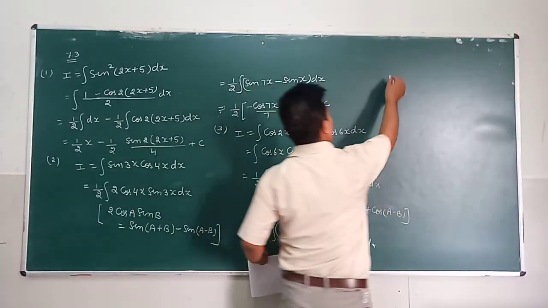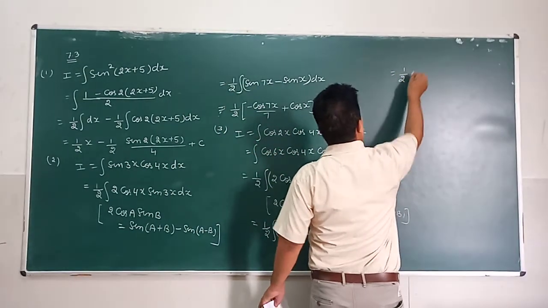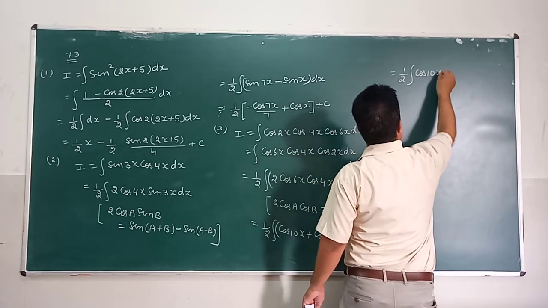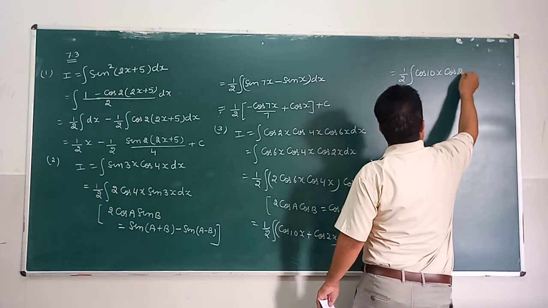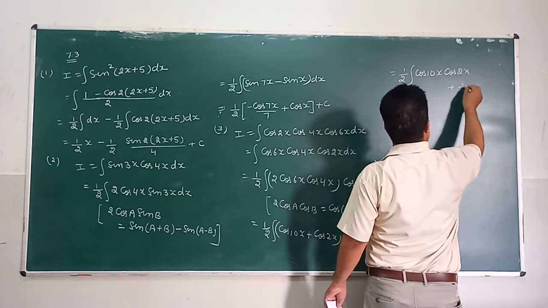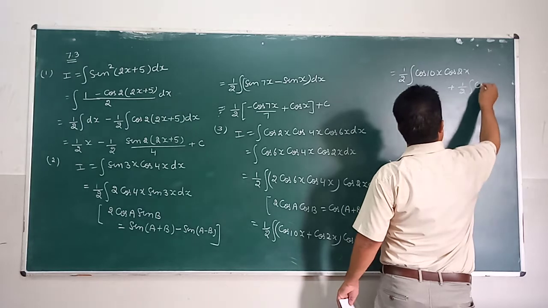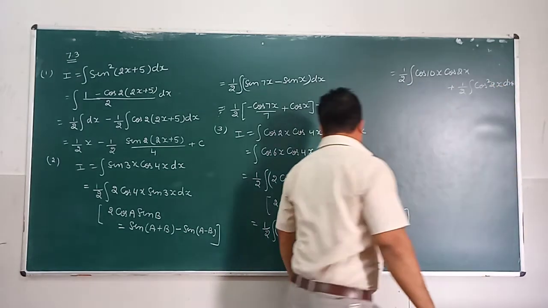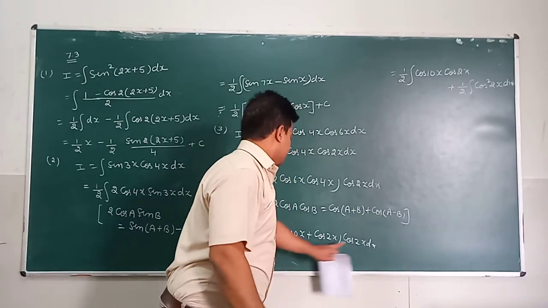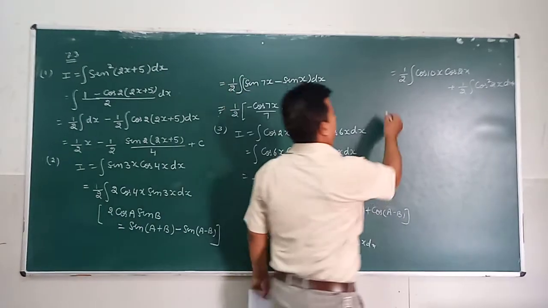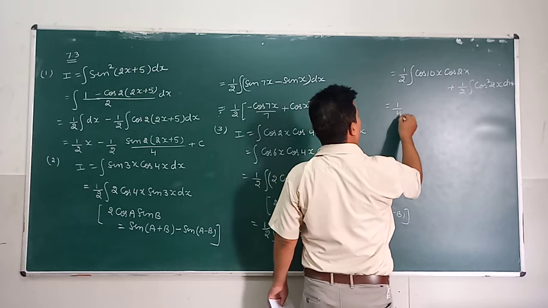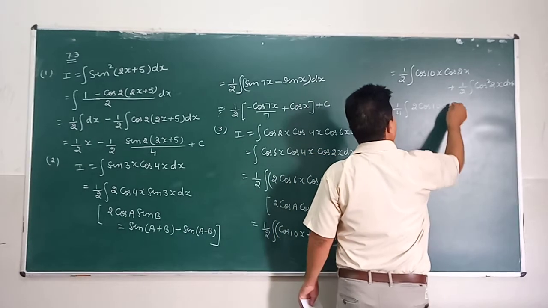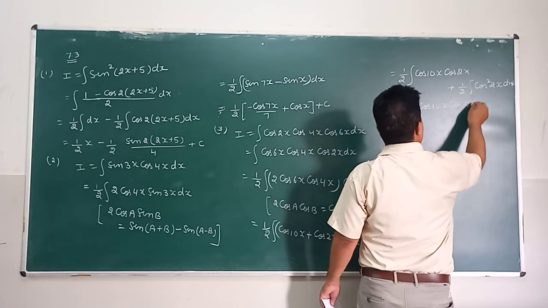Multiply this by cos 2x, that's 1 upon 2 cos 10x into cos 2x plus 1 upon 2 cos square 2x dx. Multiply this by this and this by this. Again divided by 2, multiply by 2. 2 cos 10x cos 2x.